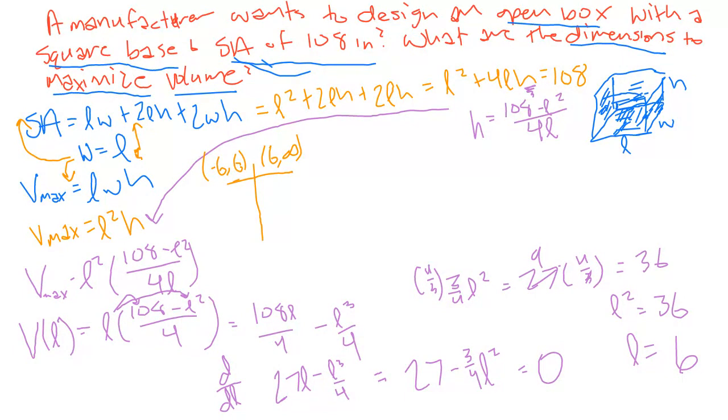All right, so now let's plug in something and see what we get. If we plug in, let's say 0, we're going to get 27 minus 0, so that's going to be positive. If we plug in, let's say 7, we're getting 27 minus 3/4 times 49.